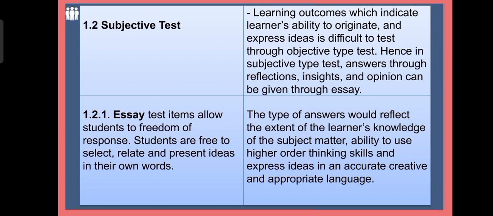So overall, essay test items provide a way for students to express themselves freely through writing while also demonstrating their knowledge of a particular subject matter.